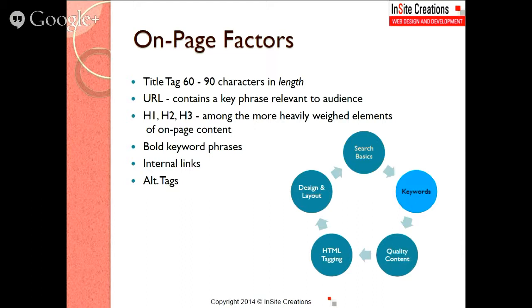Obviously, choosing the right keyword phrases that best describe what that page content means, not for the whole site, but for what that page is talking about. I'll give you an example. If you have a services page and you have maybe 8 different services that you offer, don't try to jam all 8 of them on that one page and expect to be optimized for all of them.